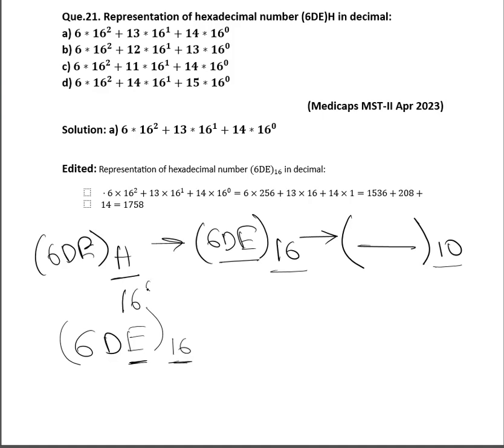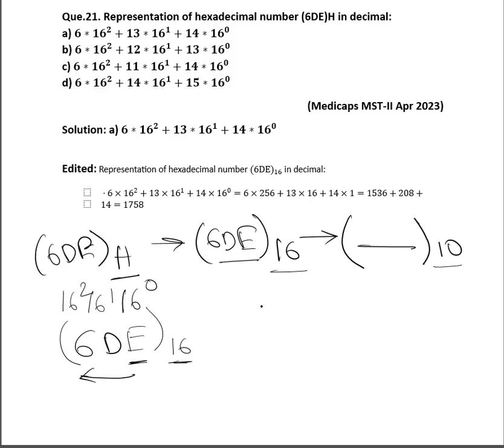Then as we move to the left, our positional weight increases in the power by 1. For D we get 16 to the power 1, for 6 we get 16 to the power 2, and if the hexadecimal number is longer, we get 16 to the power 3, 4, likewise.